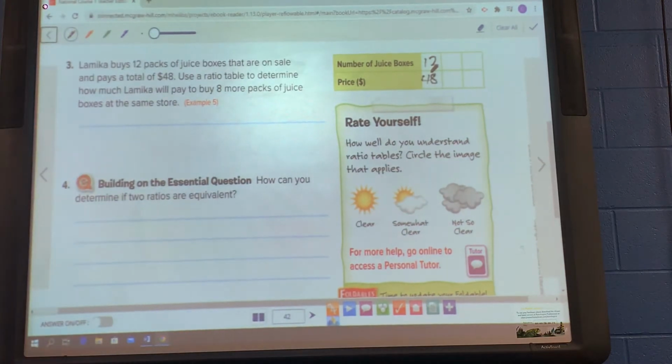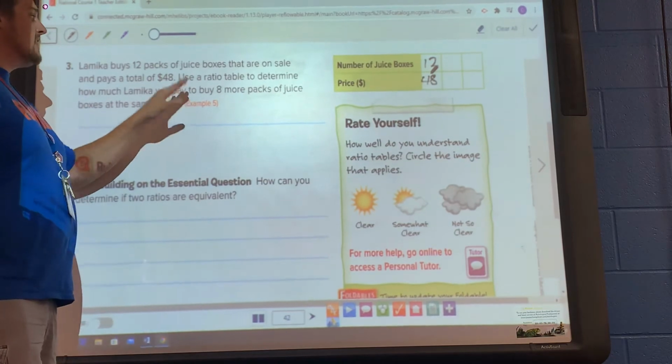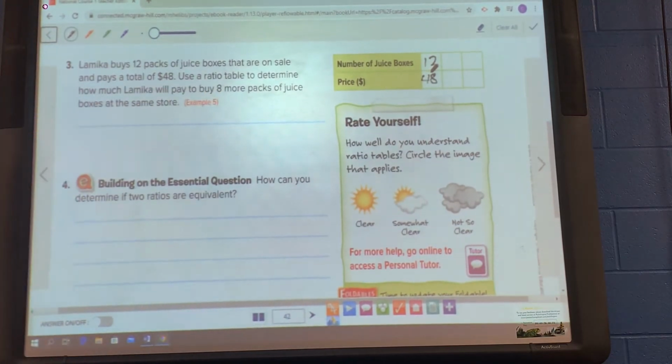So we have to figure out how we're going to get to the next part here. The next part says, use a ratio table to determine how much Lamika will pay to buy 8 more packs of juice boxes at the same store.